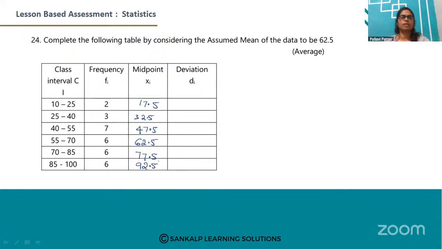So now calculate the deviation di for each class interval. So here A, the assumed value, is given. This is 62.5.